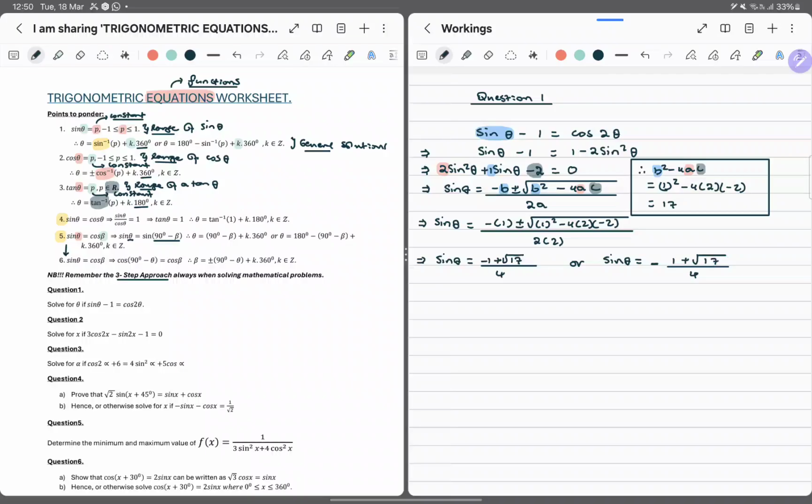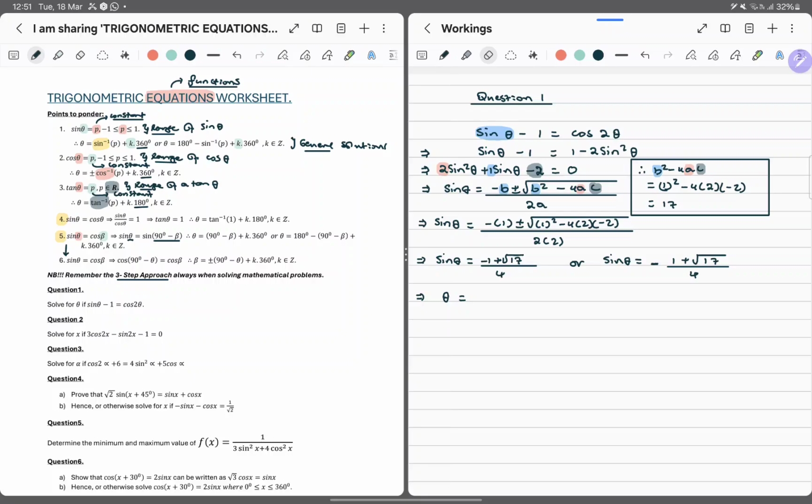Now, what are we going to do? Remember, we are solving for theta, so this implies that theta is going to be the arc sine. By the way, let's first check whether these are both in the range. Let's see. So this fraction, minus 1 plus square root 17 over 4, what is it? This is 0.78, so the first one is valid.